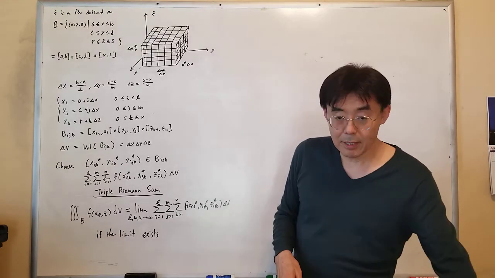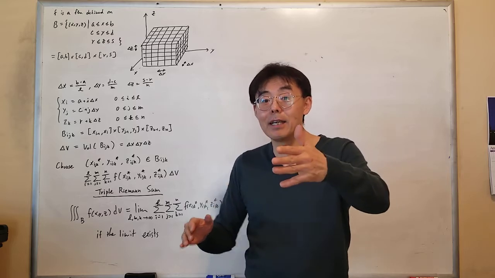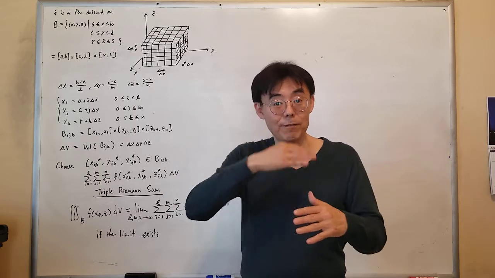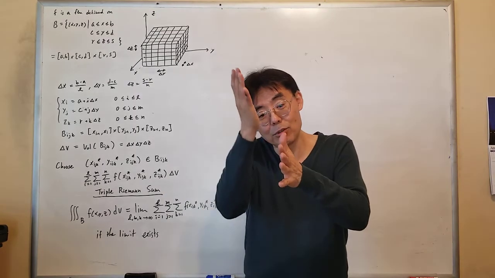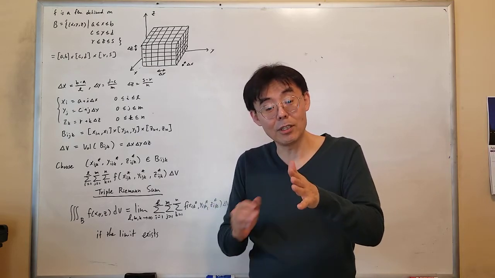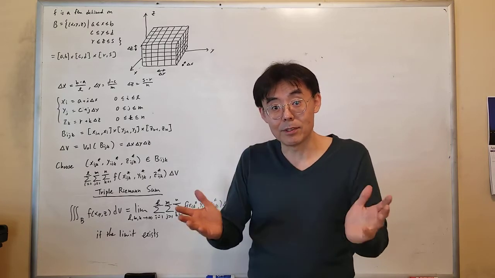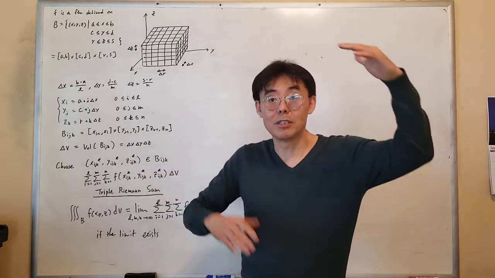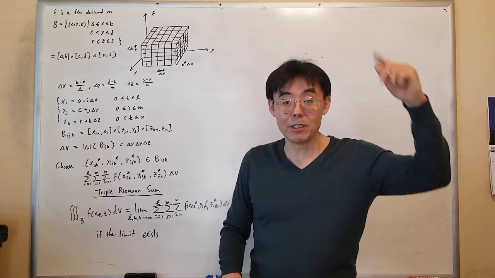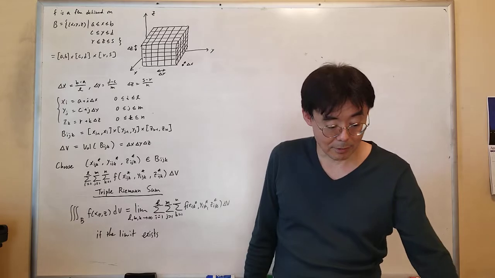Even more, if your function is continuous except on a finite number of smooth surfaces, you could have some cracks here and there. But as long as the discontinuity is limited to a finite number of smooth surfaces, and your function is bounded, does not go to infinity or negative infinity, then your function is integrable.